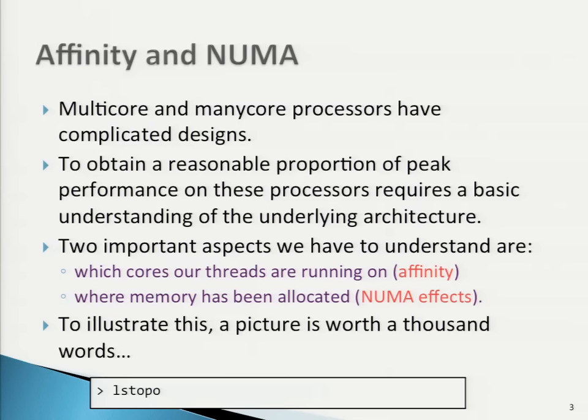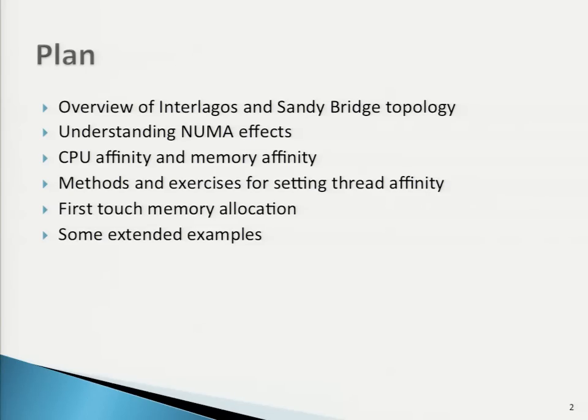I'm going to start the talk today with an overview of the Interlagos and Sandy Bridge topology and point out some key similarities and differences between the two architectures, and we'll start to get an idea about how some of these features might affect performance when we try to scale to using multiple sockets. We'll have a look at what we call NUMA effects, and then we'll look at CPU affinity and memory affinity, where we can get finer-grained control over which cores our threads are running on, and exactly where in memory we store the data that we want to operate on.